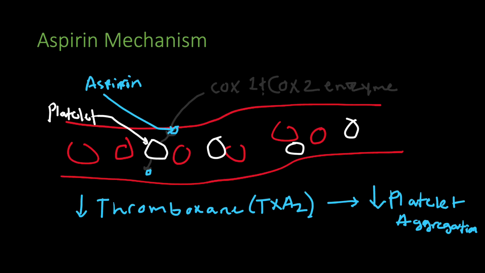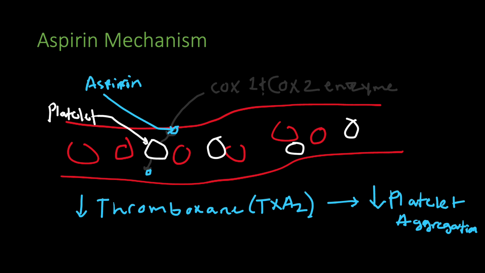In the first diagram here, aspirin mechanism, the way it works here is that aspirin works on the COX enzyme of the platelet. So remember I talked about antiplatelets? These are the platelets that go in the blood. So we're going to imagine the white circles here as platelets, and you can see on there are some receptors.